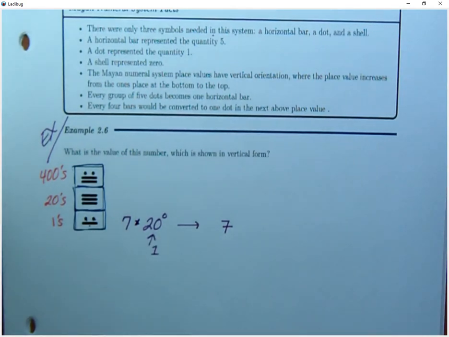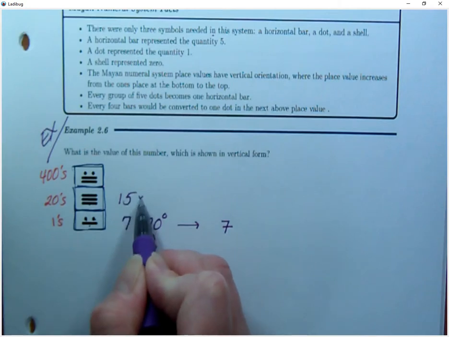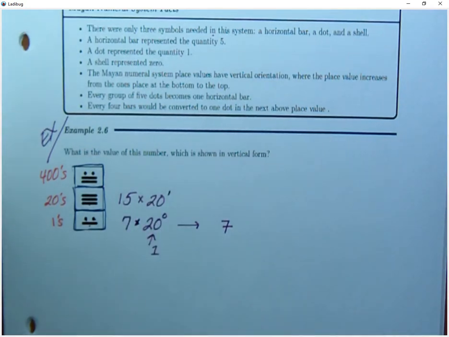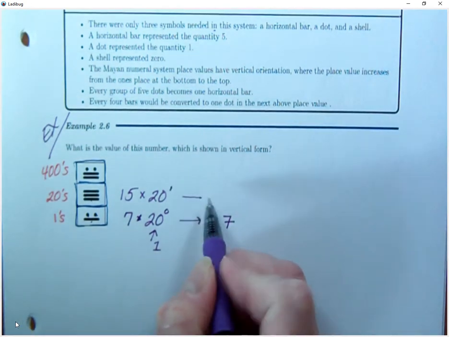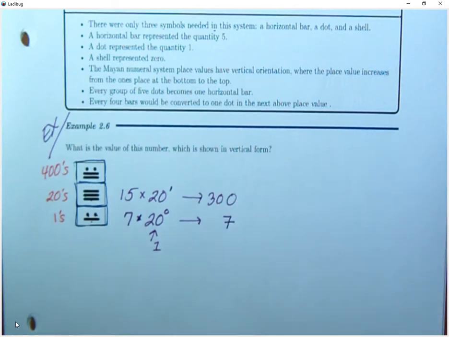Okay, so the next one we would do 5, 10, 15 times 20 to the first power, and that one is going to give us 300. Hopefully you can do this along with me.